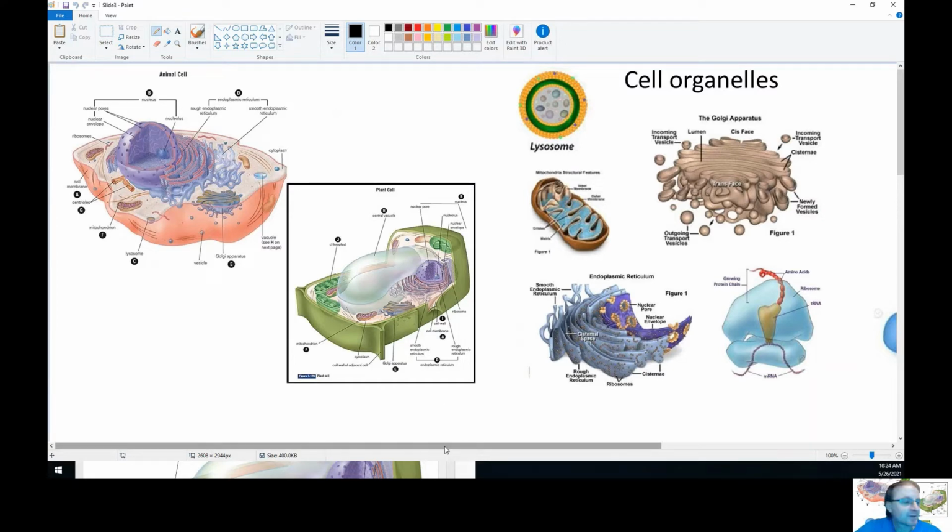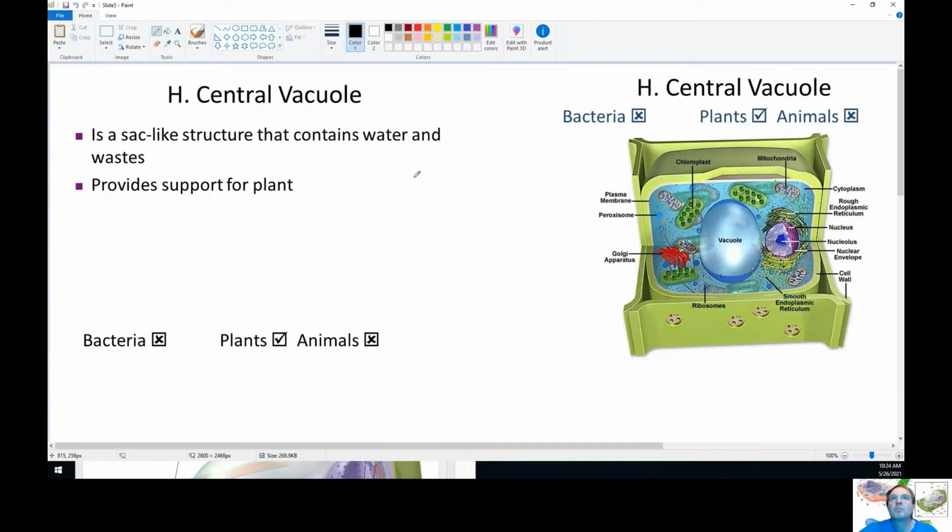All right, let's start with this large central vacuole. First of all, a vacuole, it's a container. Again, take notes along with me here, as I speak, some of the key things that I'm telling you.